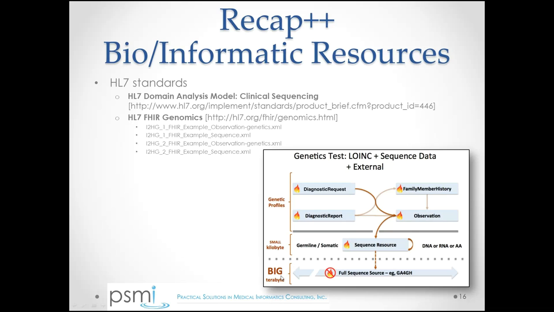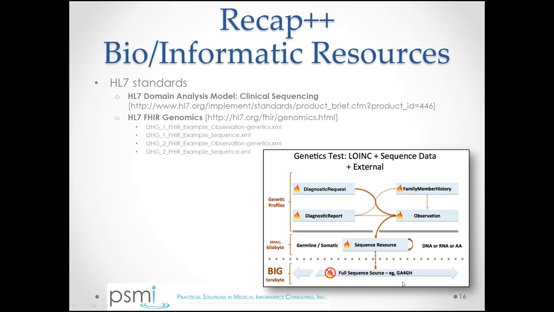When you do next generation sequencing, you may recall we said those files are humongous, on the order of terabytes. And FHIR doesn't deal with files of that magnitude. There's another standard called GA4GH that deals with these massive data files, the VCF files and the FASTQ files that we've talked about.